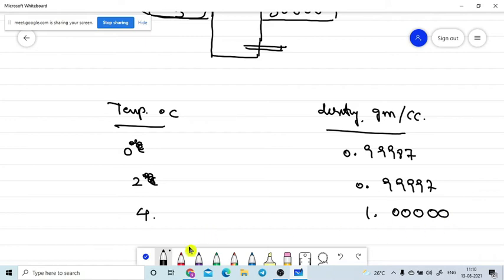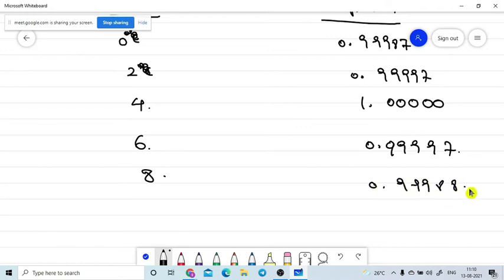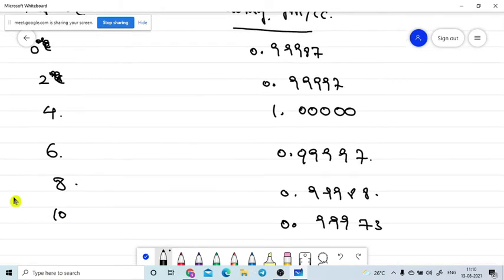At 6 degrees Celsius, he observed 0.497, and at 8 degrees Celsius, 0.99988. At 10 degrees Celsius, the value is 0.9973. No need to memorize these values; I introduce them only to draw the graph.